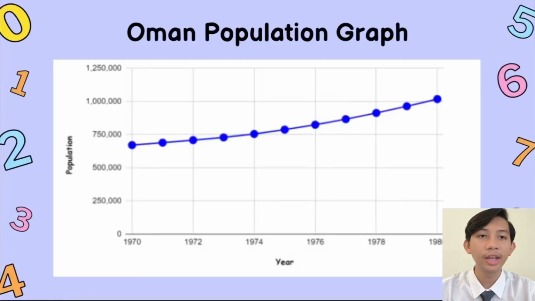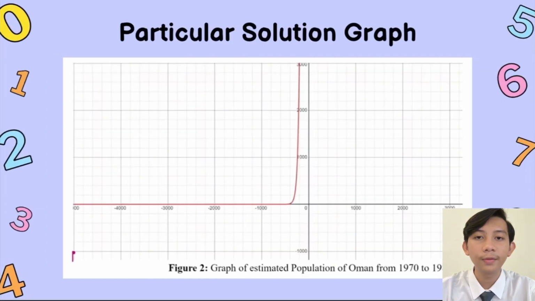This is our actual population graph of Oman that we have obtained from World Data Bank. As we can see on this graph, it is slightly exponential from 1917 to 1918. And this is our estimated graph of the population in Oman that we obtained after we derived it from the Malthusian formula.